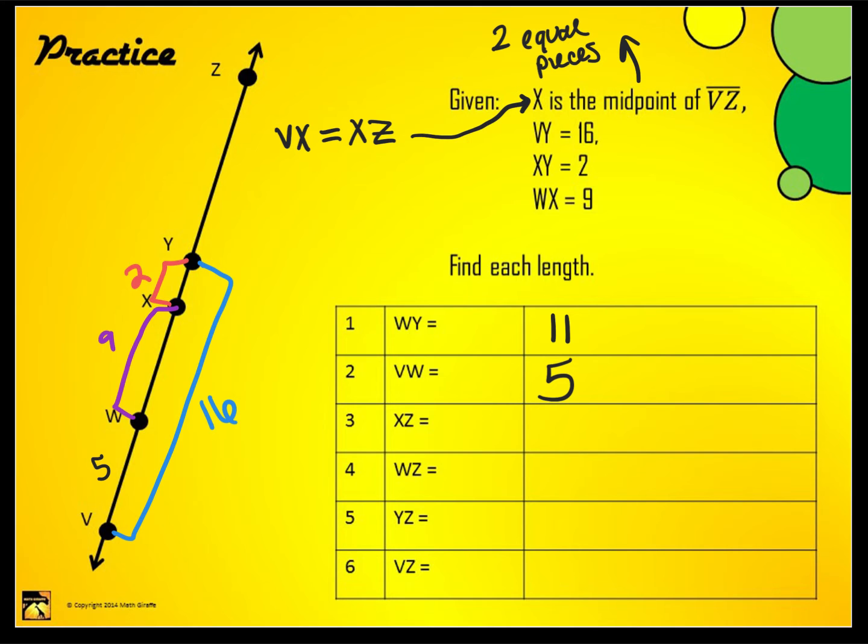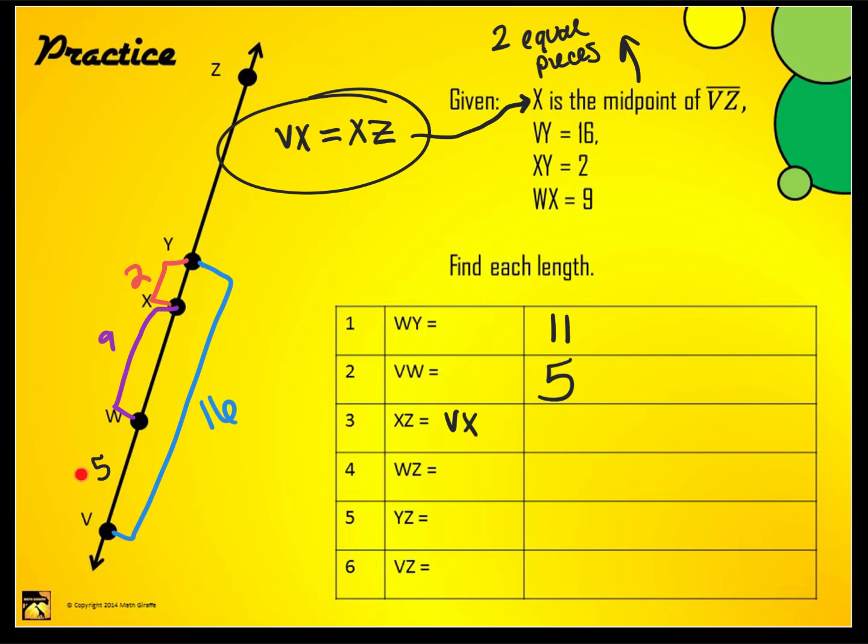All right, number 3, we're looking for XZ. So we know that XZ is equal to VX, right, from that midpoint. We know that. So let's look at VX because we don't have enough info up here. Let's see if we can use that to figure out the length of XZ.